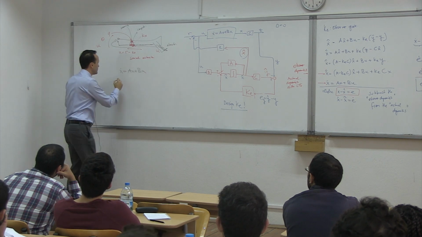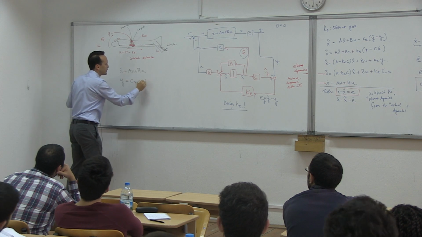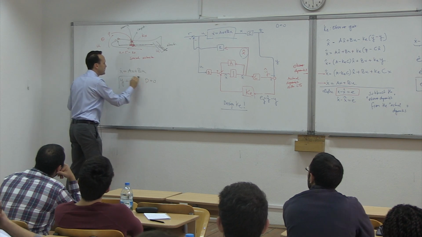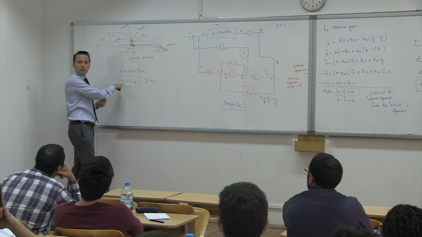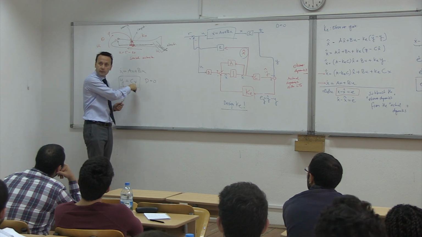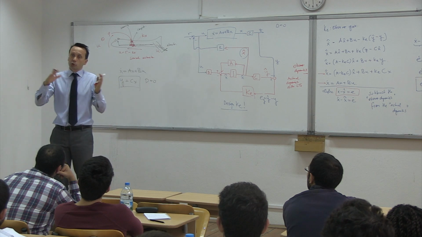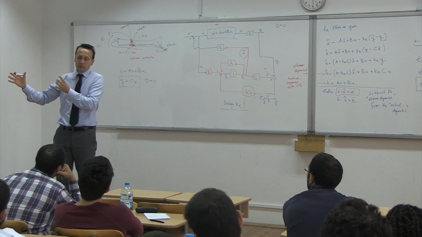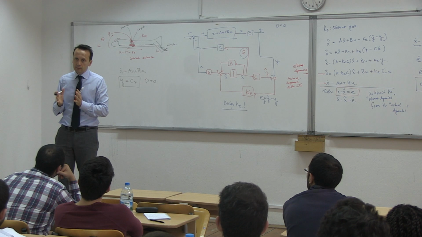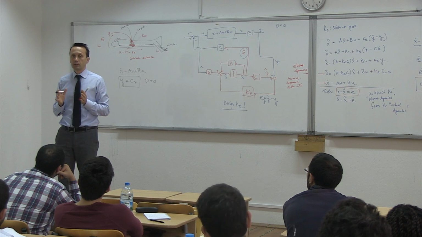The y equals C times x, with D equal to 0, is basically the measurement based on the states. So x are the states that we need to describe the motion. Y is the actual measurement.